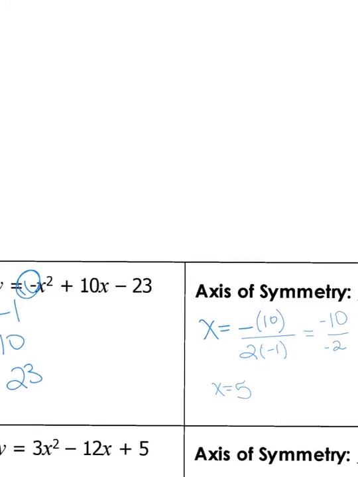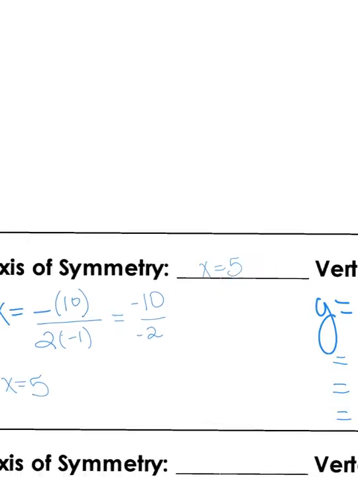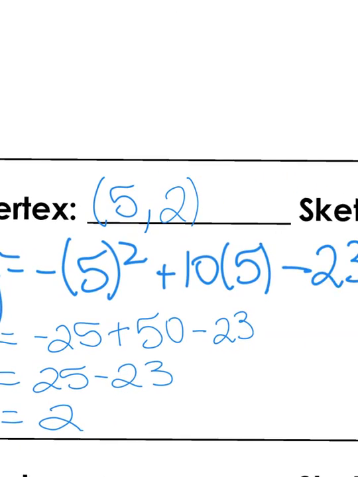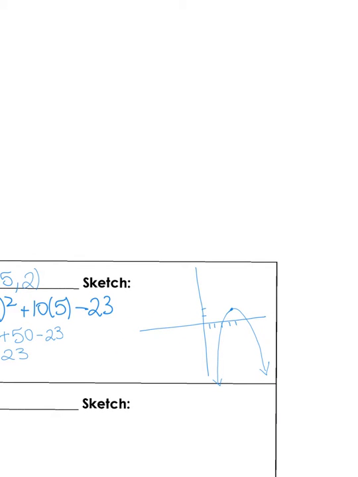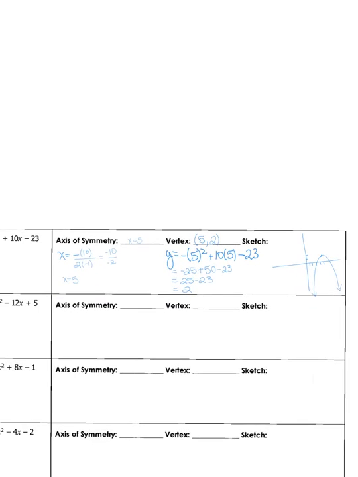So I know my axis of symmetry is 5, my vertex is 5, 2, but I had a negative a value, so I need to remember that my graph is going to open down. And again, I'm not looking for a perfect sketch, I'm looking for rough sketches. I want you to focus on where the vertex is, how to find the vertex, and the axis of symmetry.